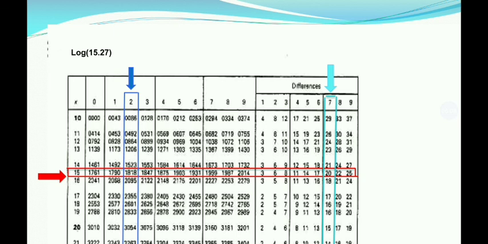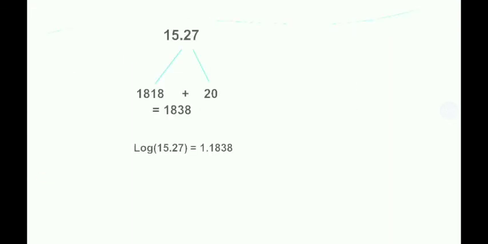Now from this table we got two values, that is 1818 and 20. Now we have to add the two values. If we add 1818 plus 20, you will get 1838. So log of 15.27 is 1.1838. What is this 1 point? 1 we got from the characteristic value.